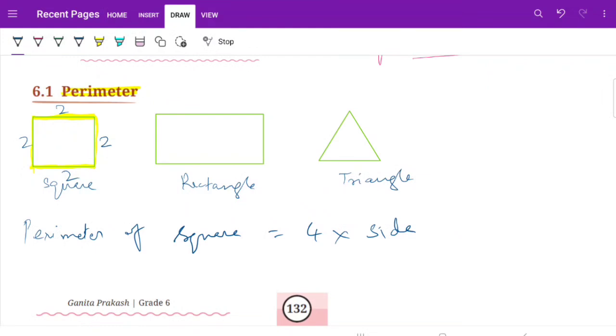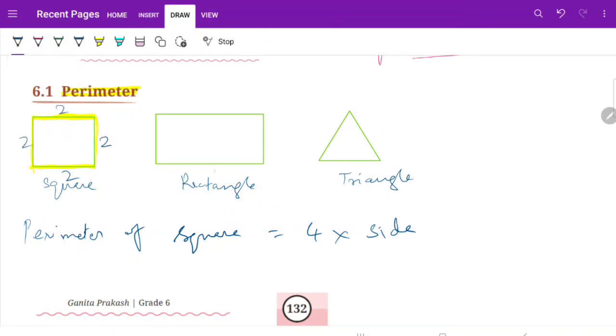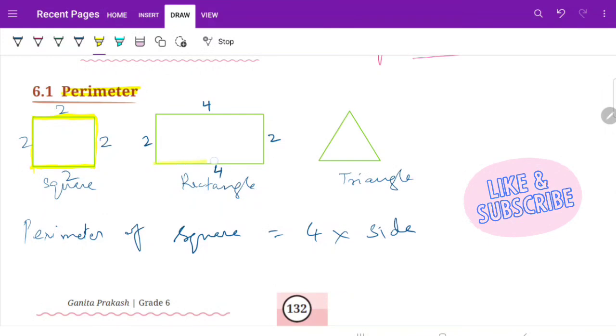Now regarding the rectangle, we know that in a rectangle the opposite sides are equal. For example, if the length is 4 centimeter, then the opposite side is also 4 centimeter, and if the breadth or width is 2 centimeter, then its opposite is also 2 centimeter. If we want to measure the perimeter of a rectangle, we need to add these four sides. So we add 2 times length plus 2 times breadth.